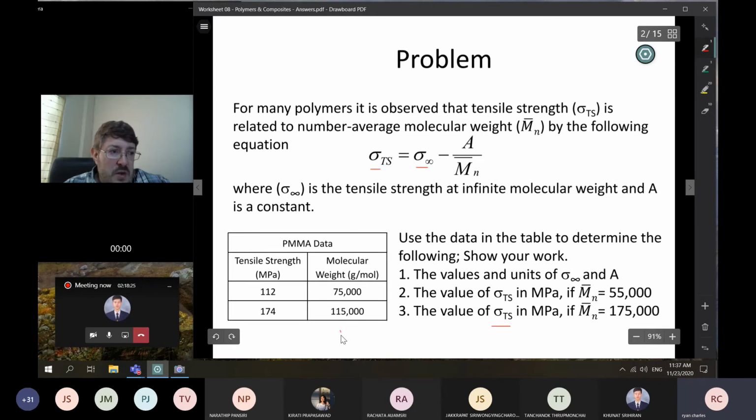So that should be low strength, and that should be high strength. That would correspond with what the 2 data points are showing us, which is basically a line.